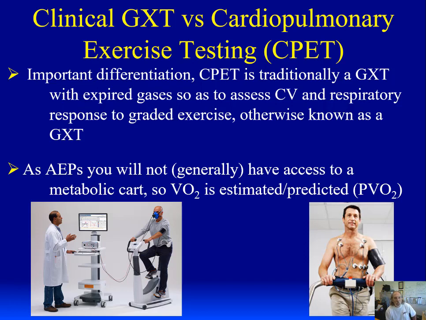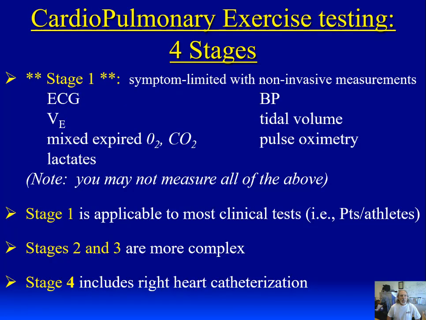So it's very unrealistic. So any time you test a patient, you need to be able to predict or estimate their VO2, which, as you'll see here, is listed as PVO2, predicted VO2. And it's usually PVO2 peak, not max, because we're only estimating it.